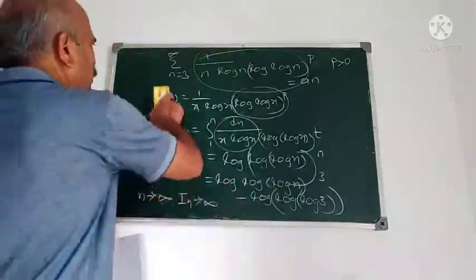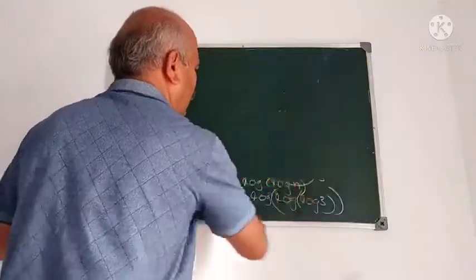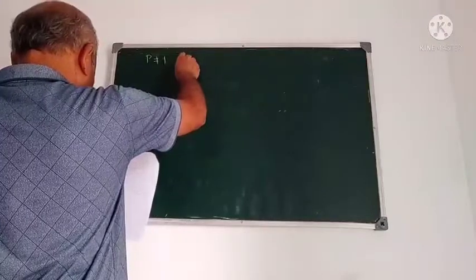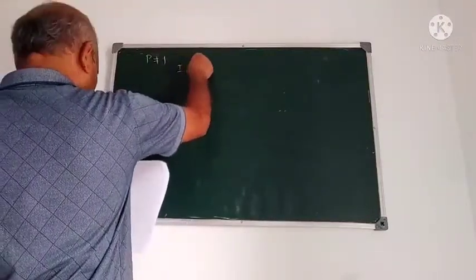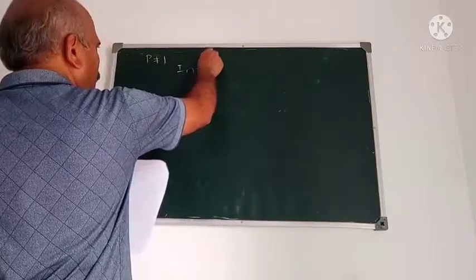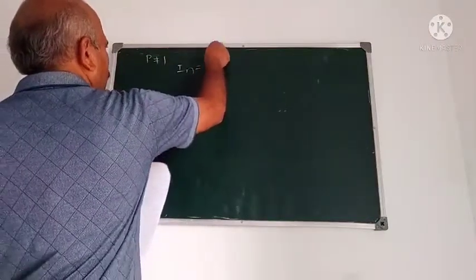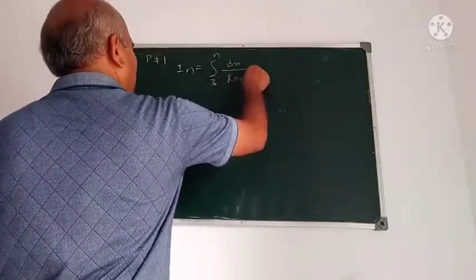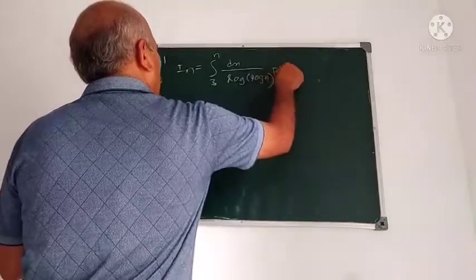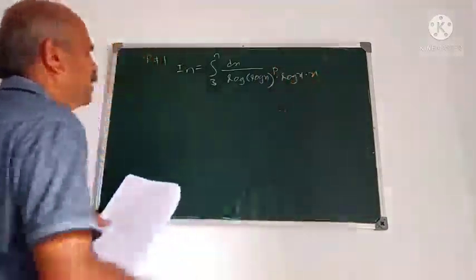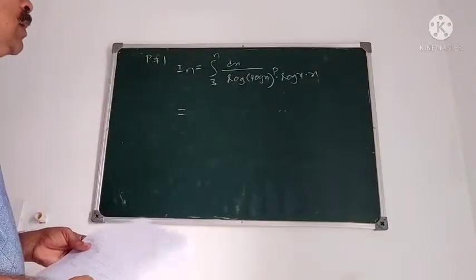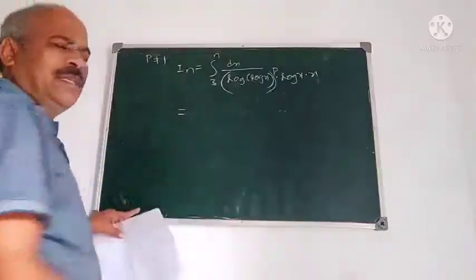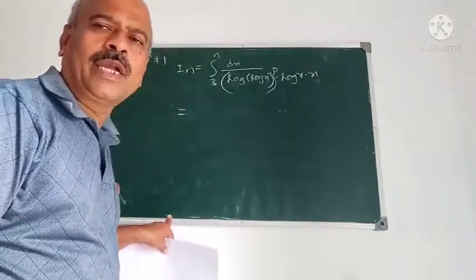Suppose p is not equal to 1. We consider this case. Then I_n is the integral from 3 to n of dx by log of log x raised to p into log x into x. When p is equal to 1, it is log of log x, correct?